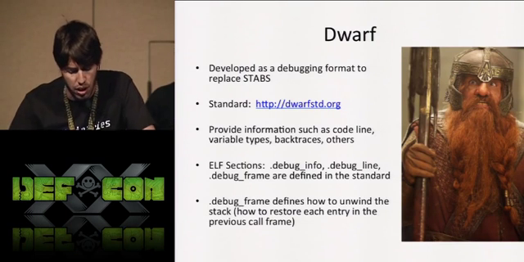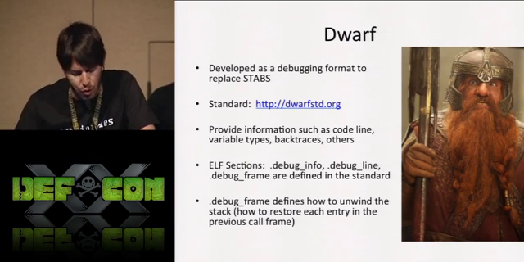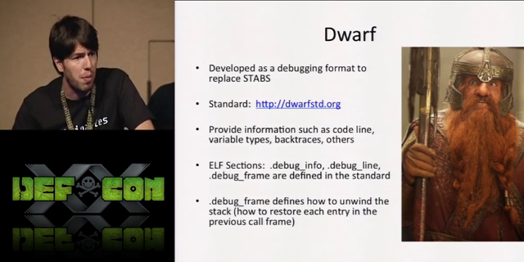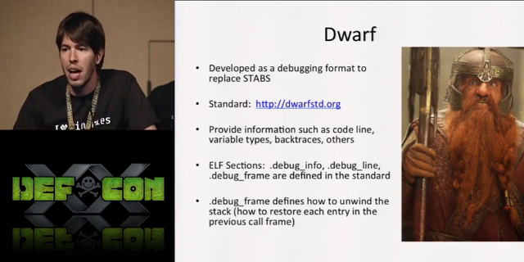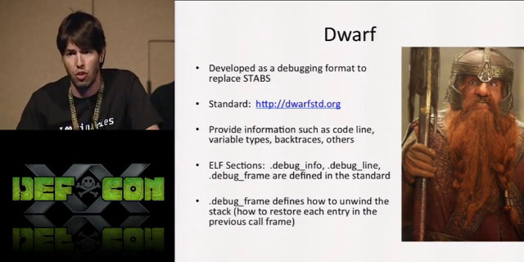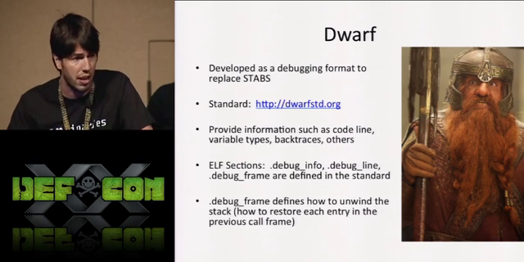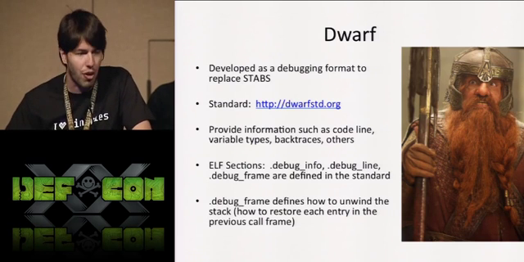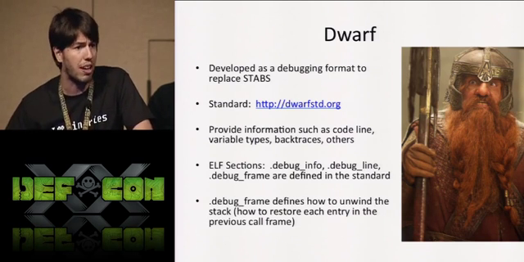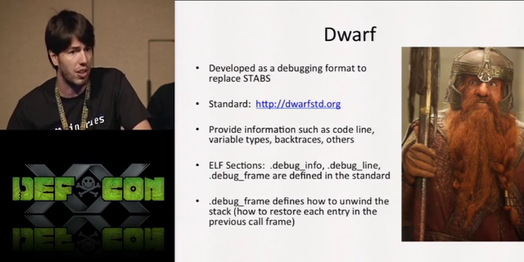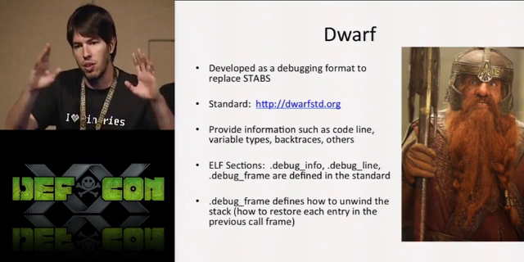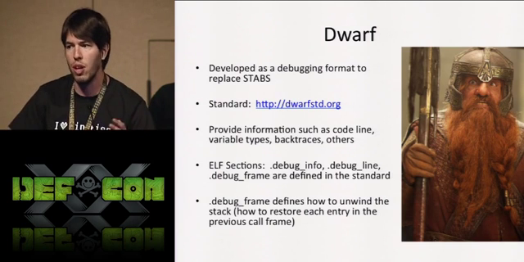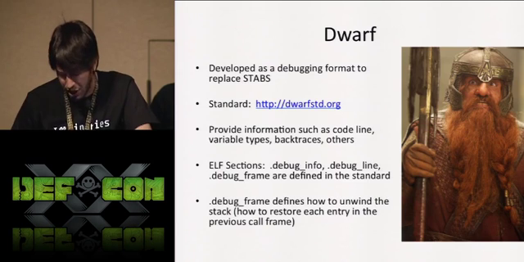It has a standard, and it provides information such as types of variables, like backtraces, and it was used by GCC to actually provide the exception handling mechanisms. So the debug frame defines how the unwind process works during an exception. DWARF was created for debugging, but then the same kind of standard was reused for the exception handling mechanism on GCC.